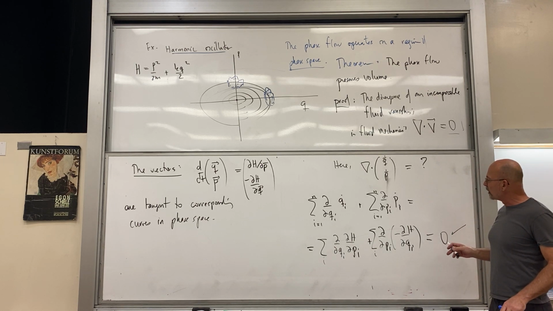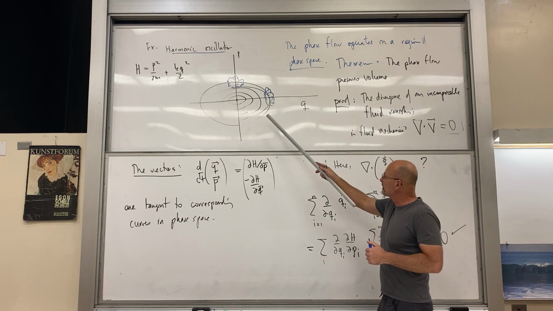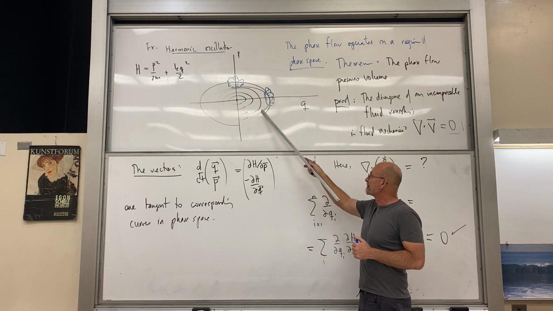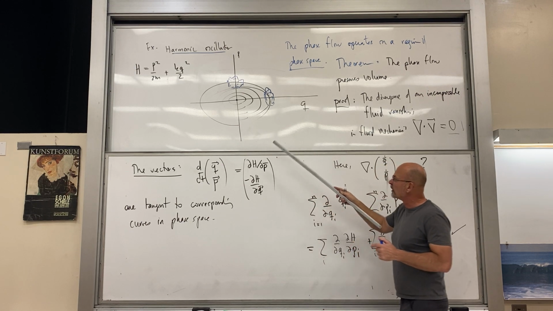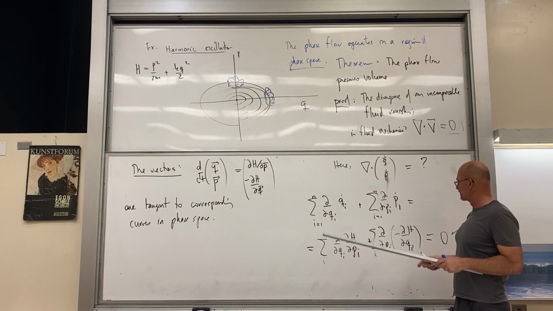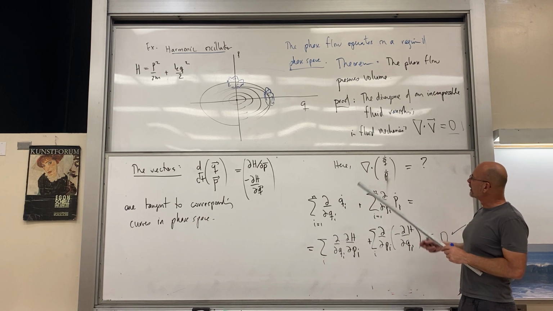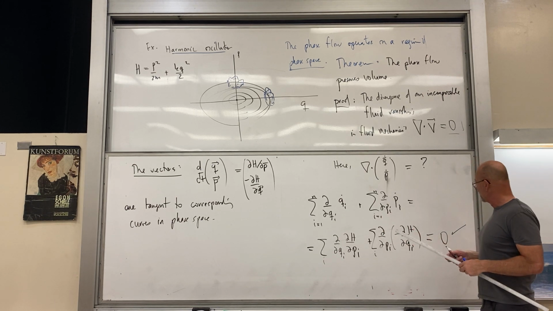So the phase flow preserving volume is then used in thermodynamics and statistical mechanics, which is also based on Hamiltonian mechanics. That's a theorem that you'll use at some point, and then you'll know where it came from.